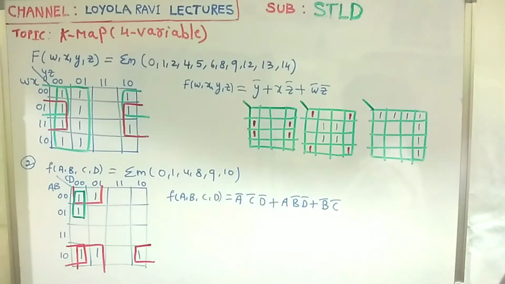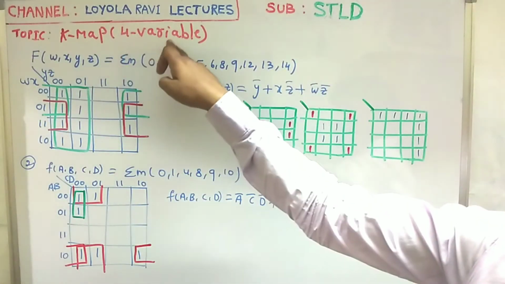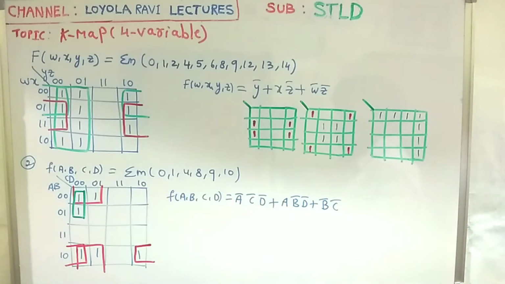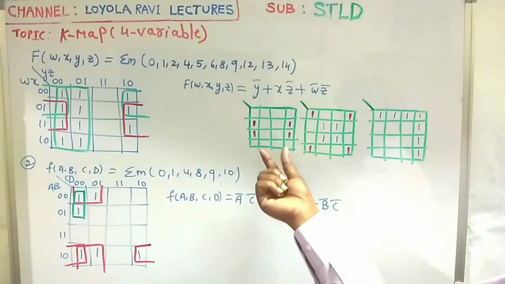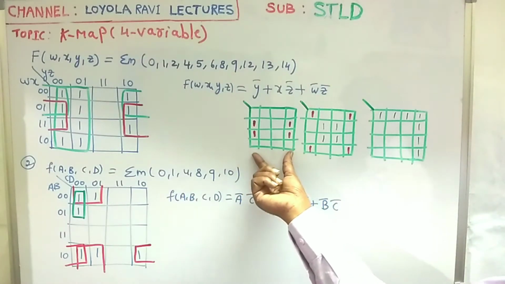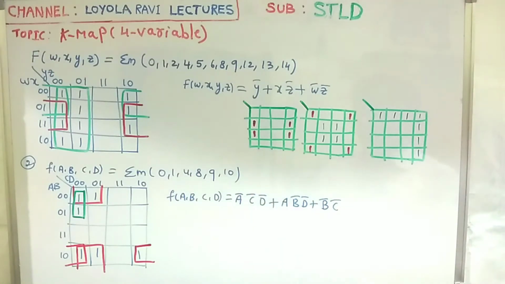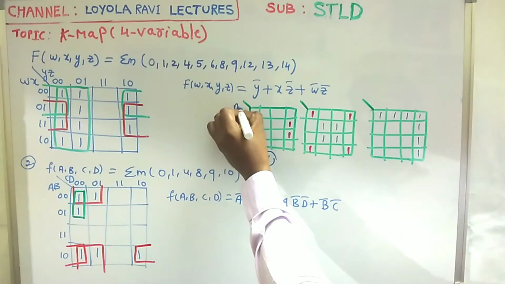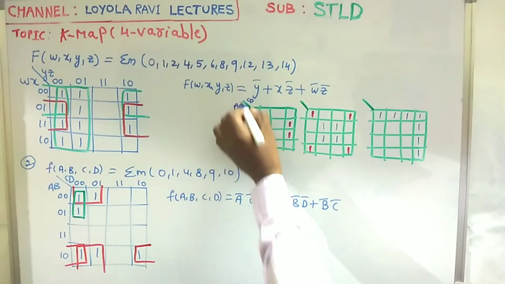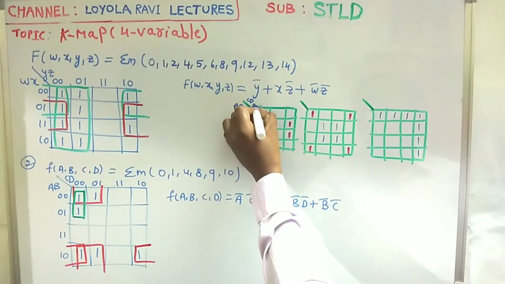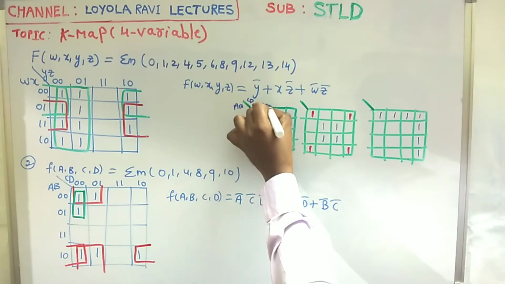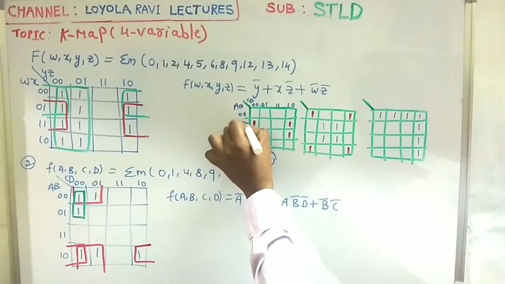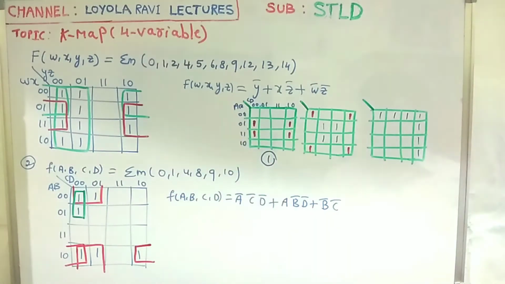So today we'll discuss the 4 variable K-map. I think all of you know very well the 4 variable K-map structure. Let us take this one as the first structure. I am taking variables as AB and CD, where 00, 01, 11, 10 on both axes.